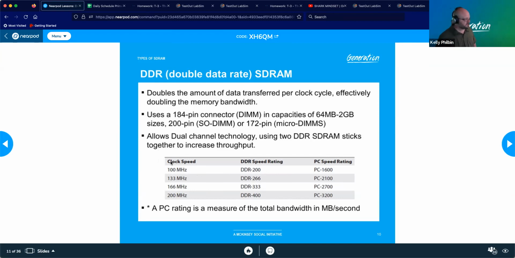So single rate 100, double data rate 200 times 8 clocks us at 1600. This makes sense. The only oddball thing is at the end, we have to multiply it by 8. We always do that to get our PC speed rating.